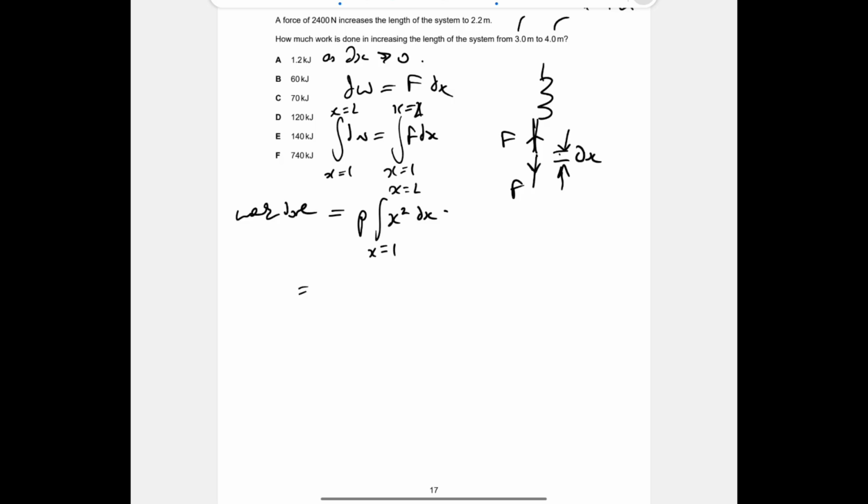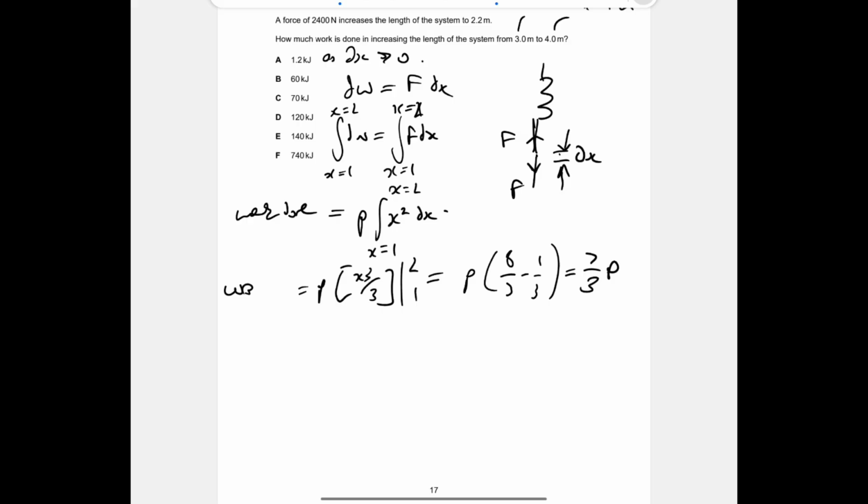And that's going to equal p times, which is going to be 7/3 p.